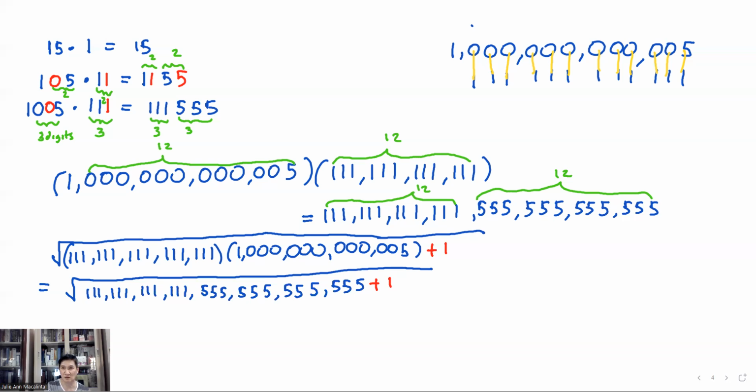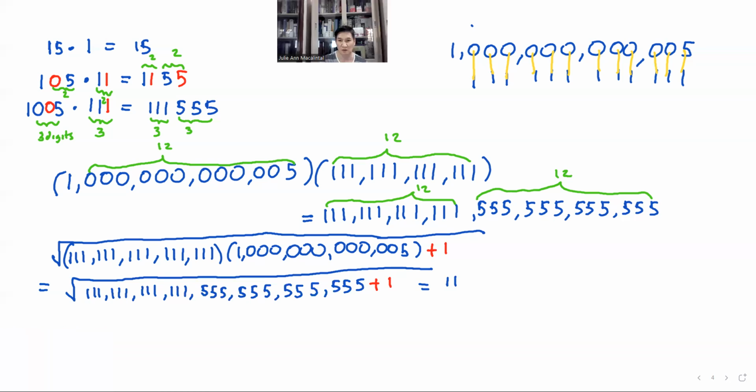So this will become, I'll try to let it fit here, 12 ones, then 11 fives, and then 5 plus 1, the last digit will turn to 6.